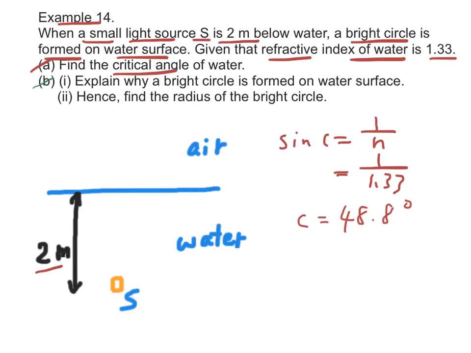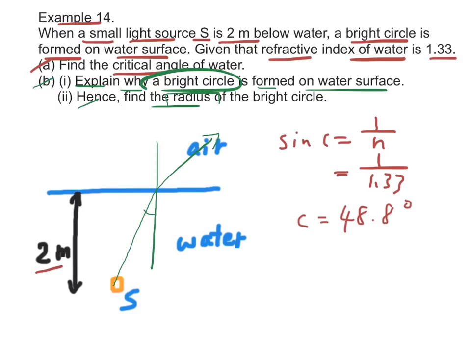Part B. Explain why a bright circle is formed on the water surface. Hence, find the radius of the bright circle. When the light from the source travels towards air, it bends away from the normal when the angle of incidence I is smaller than the critical angle C. When the angle of incidence I becomes the critical angle, the refracted light will travel along the boundary.